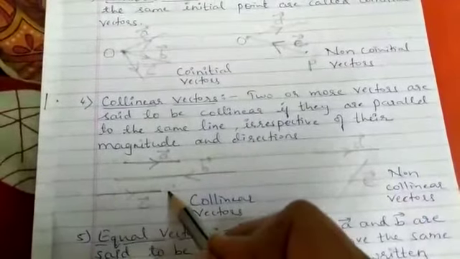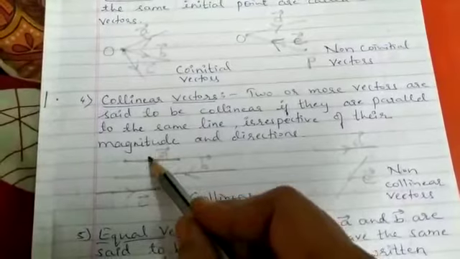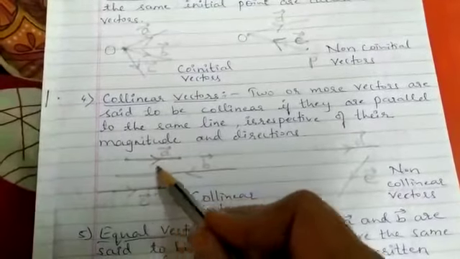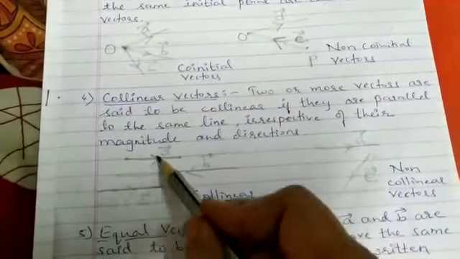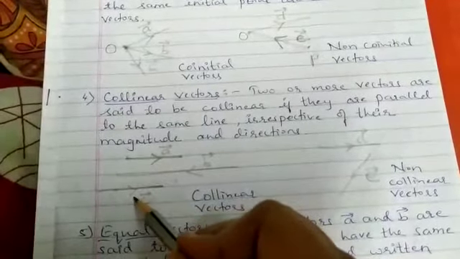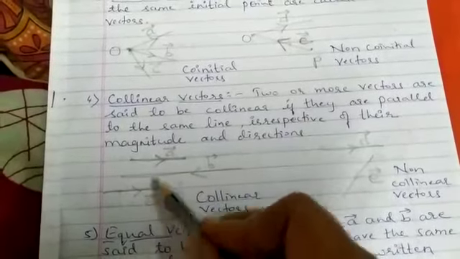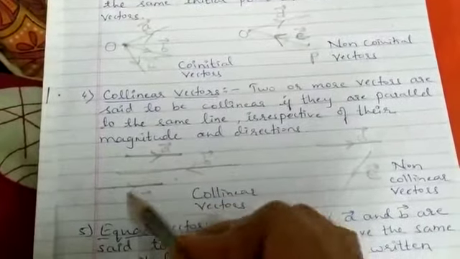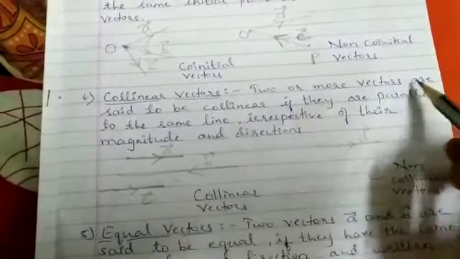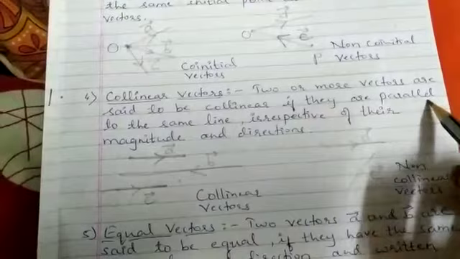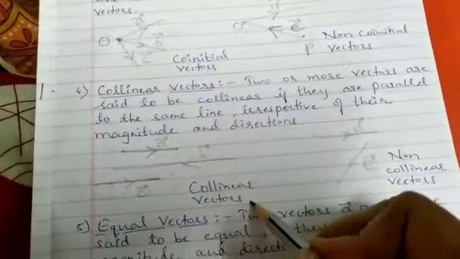Irrespective of magnitude and direction, you can see the direction of vector A, and you can see it is opposite for vector B. You can again find that vector A and vector C have the same direction. But irrespective of directions and irrespective of length, if they are parallel to each other, parallel being the sufficient word, then we can call these vectors collinear vectors.